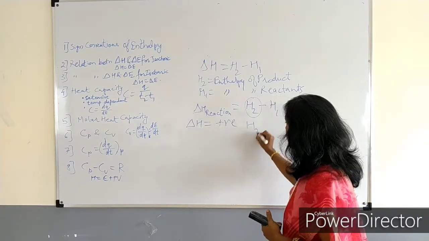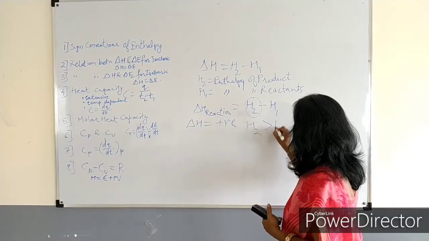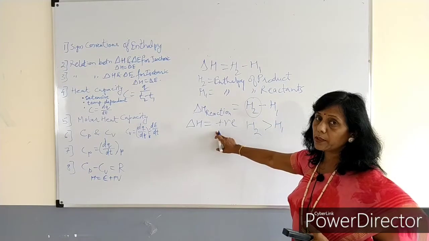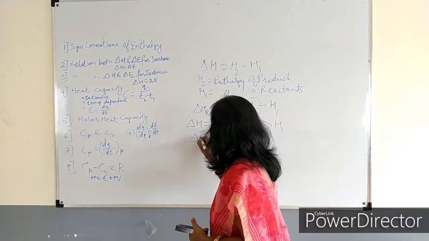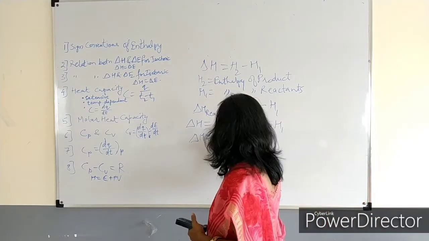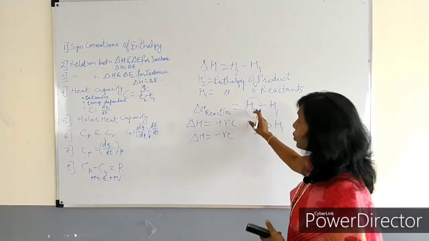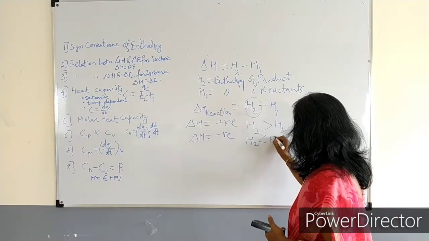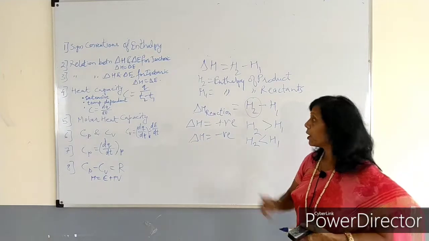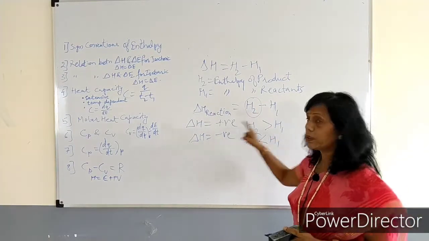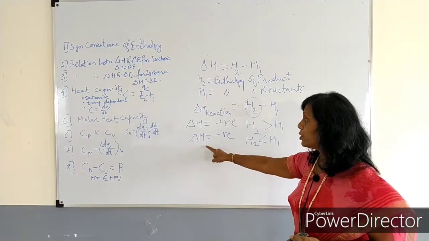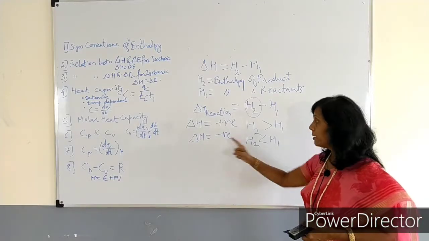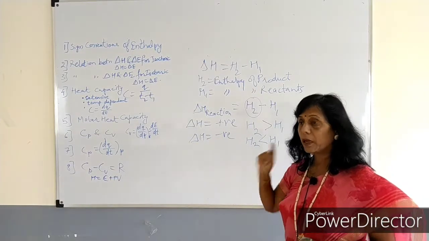When delta H is negative, H2 is lesser than H1. When H2 is greater than H1, delta H is positive. When H2 is lesser than H1, delta H is negative, isn't it?